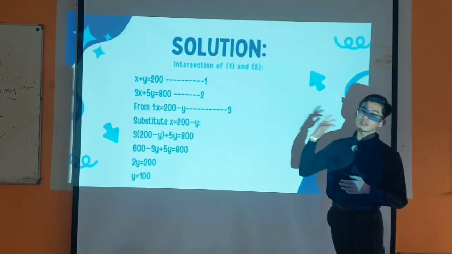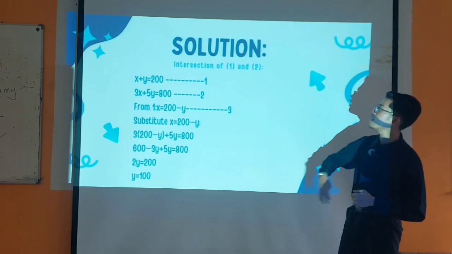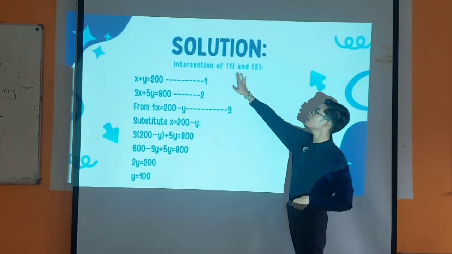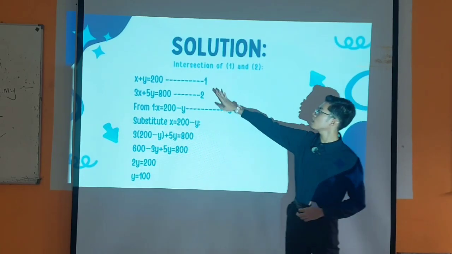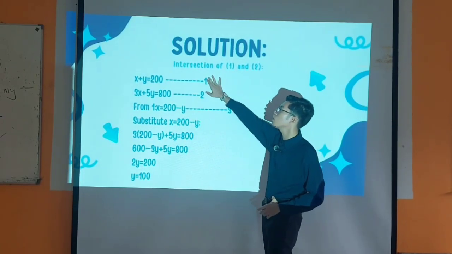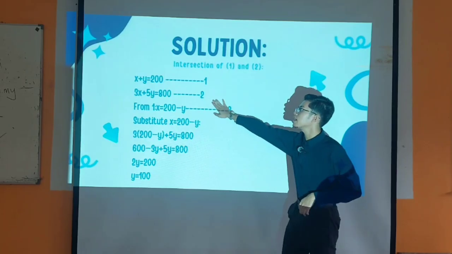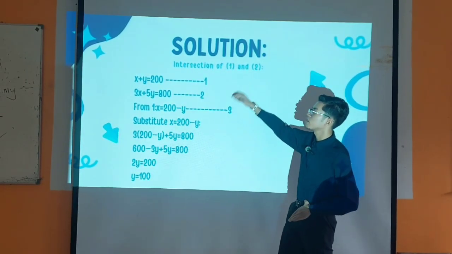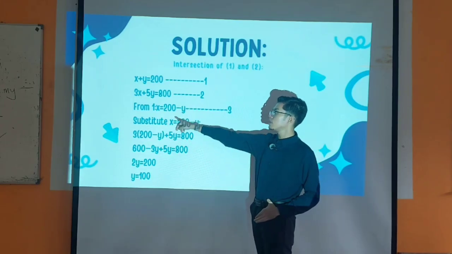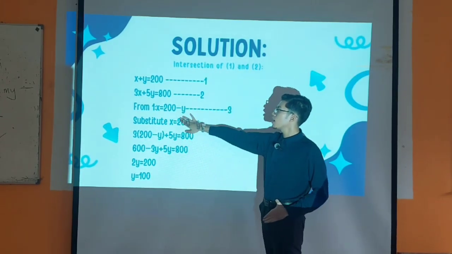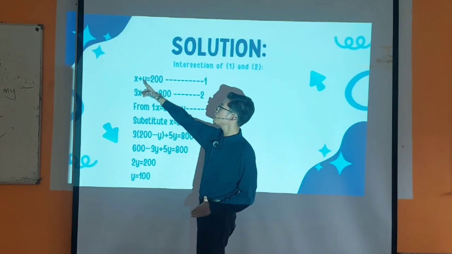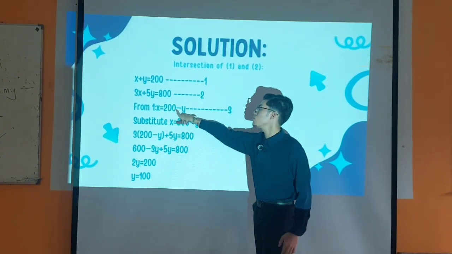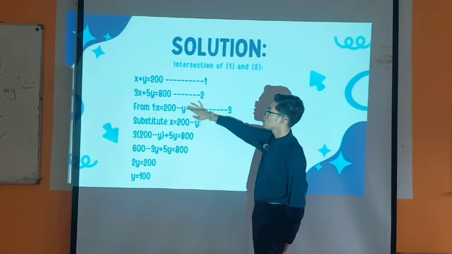Okay, for the first solution, we will find the intersection of equation 1 and 2. So the first equation is x plus y equals 200, and the second is 3x plus 5y equals 800. So from number 1, we can move the y to the right, so it will be minus y.